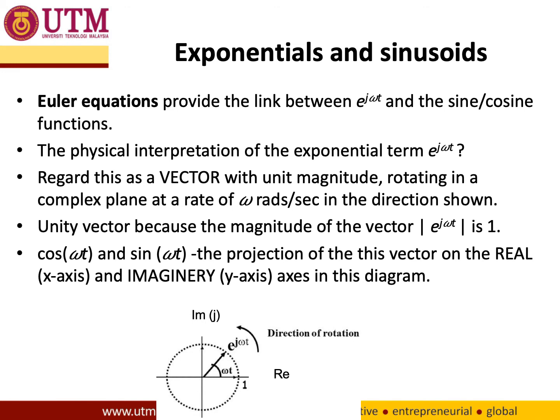Cos omega t and sin omega t are the projections of this vector on the real axis, the x-axis, and the imaginary axis, the y-axis, in this diagram.